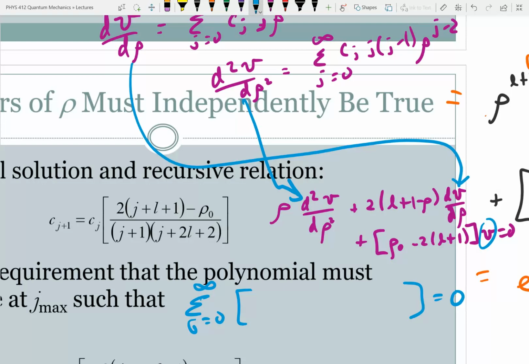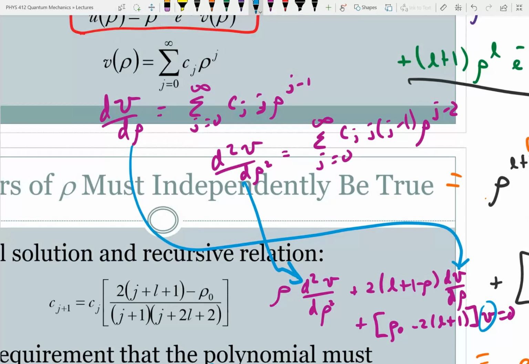And just like before, I think we need to shift our indices. Yeah, you can see the bottom of page 147. It has the dV d rho is equal to what I wrote.